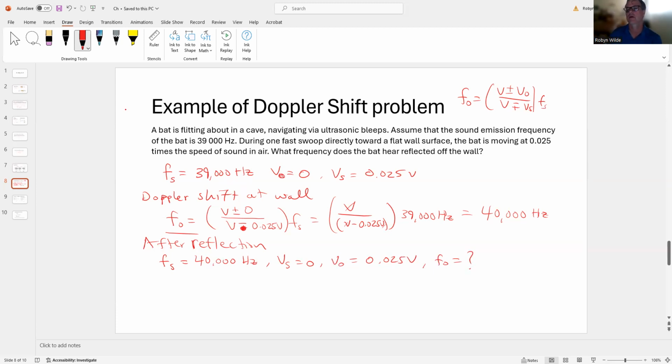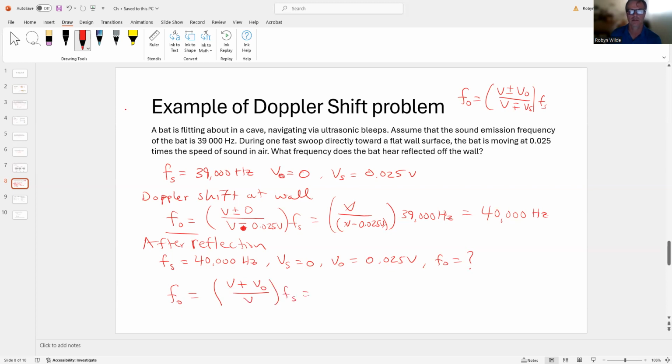So now we're going to go back to our equation. I'm going to go through it a little more quickly. We do have an observer speed, and we're moving toward the wall. The observer is moving toward the source of sound, so I'm going to use the plus sign. vS is 0, and I have fS.